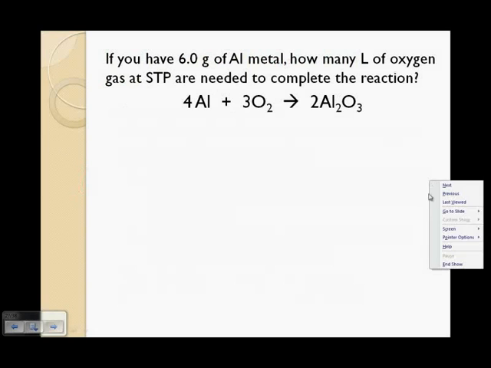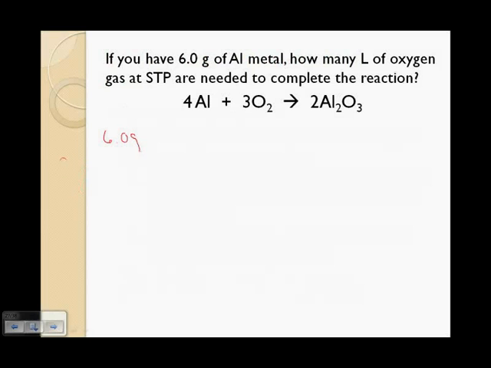Alright, so I'm going to start with my given, which is going to be 6.0 grams of aluminum. And I need to get that to moles of aluminum, and what I know is 26.98 grams of aluminum is 1 mole of aluminum. But I'm trying to figure out liters of oxygen, so I need to get it first to moles of oxygen.